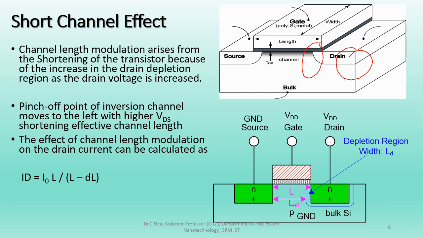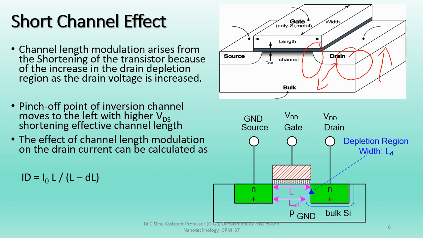Short channel effect: as the drain voltage increases, the drain depletion region widens, so this region will get wider. This shifts the pinch off point toward the source.